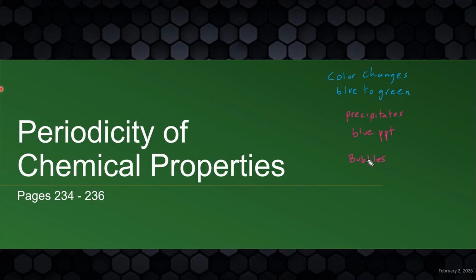If there are any gases being created during a chemical reaction that happens in a liquid solution or aqueous solution, then you might see bubbles. And bubbles would not really need any more description than that, because we're not going to say bubbles of hydrogen, for example.